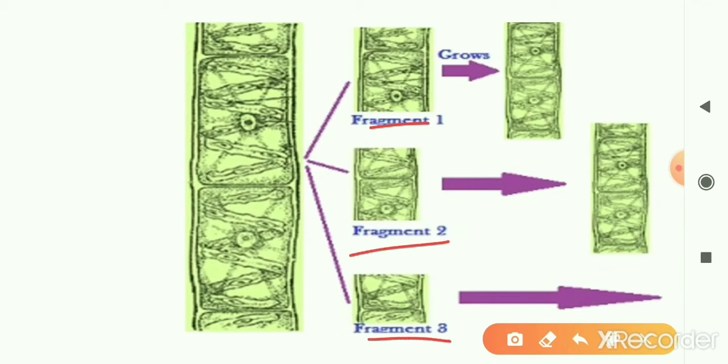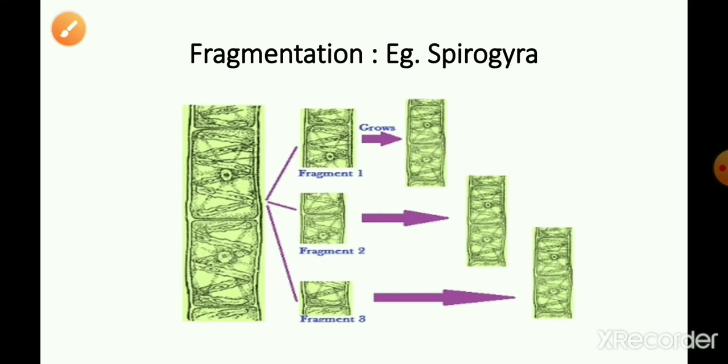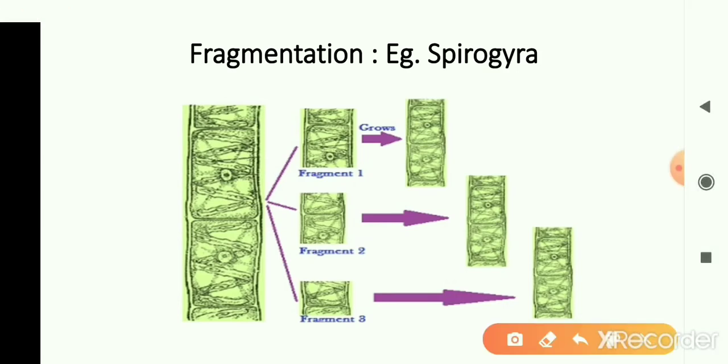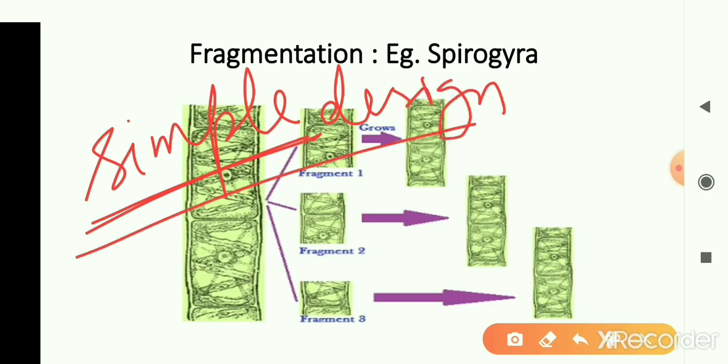Then each fragment undergoes repeated cell division. Because there is no differentiation occurring, it's just cells dividing many times, and finally a complete individual is formed. But this fragmentation is possible only in simple multicellular organisms, which have a very simple body design. They multiply by this method.